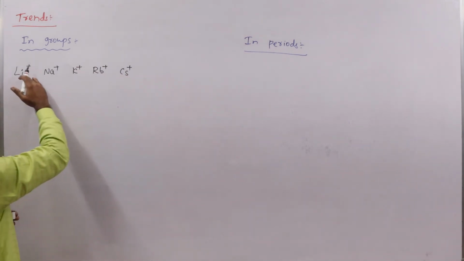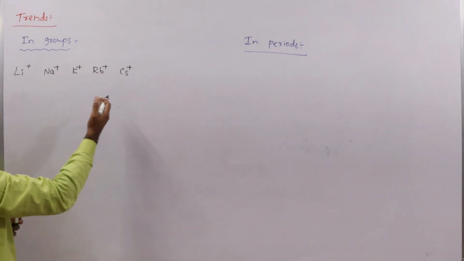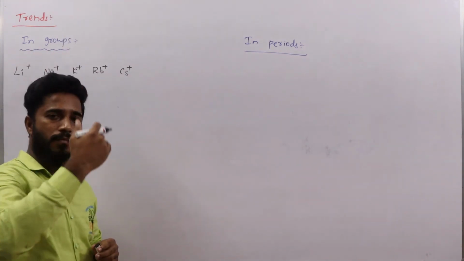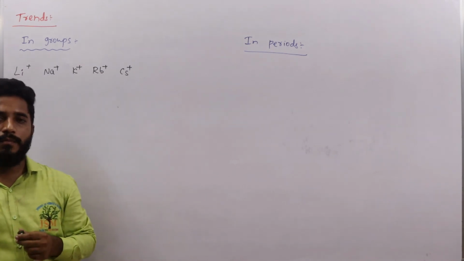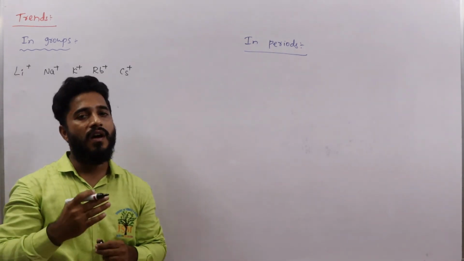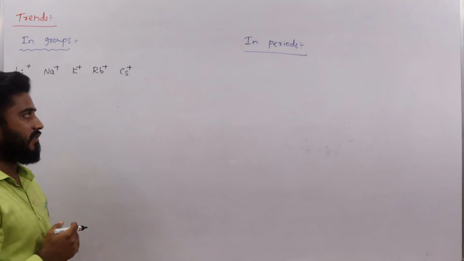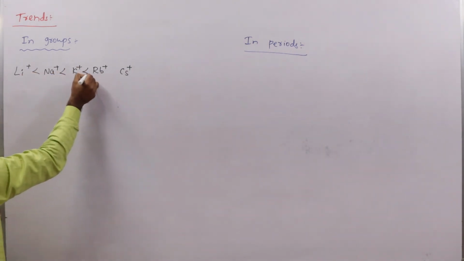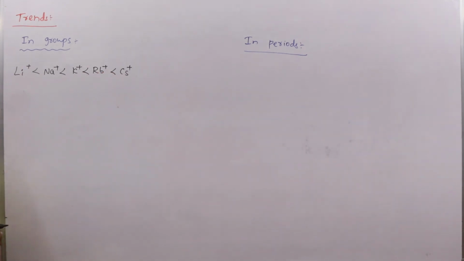So the general trend we have to follow: from top to bottom in a group, as the number of shells increases, ionic radius increases. That means Cs+ shows the most ionic radius.